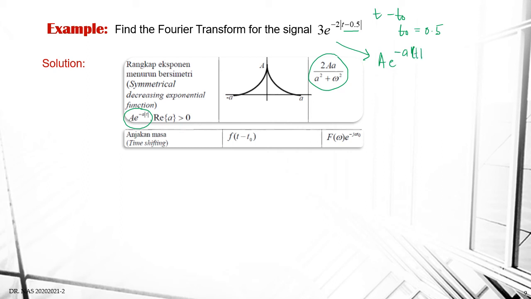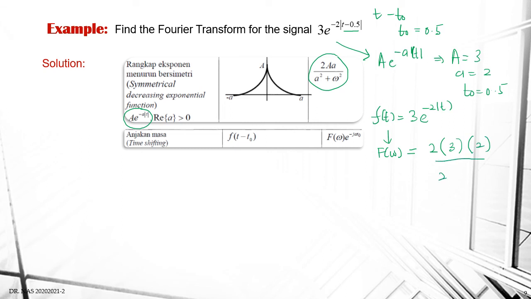So you know that the capital A equals 3, the small letter a equals 2, and t₀ equals 0.5. Now you have your basic equation: f(t) equals 3e^(−2|t|). It produces F(ω) equal to 2Aa divided by a² plus ω², with A equal to 3 and a equal to 2, so 2 squared plus ω squared. This is your F(ω).